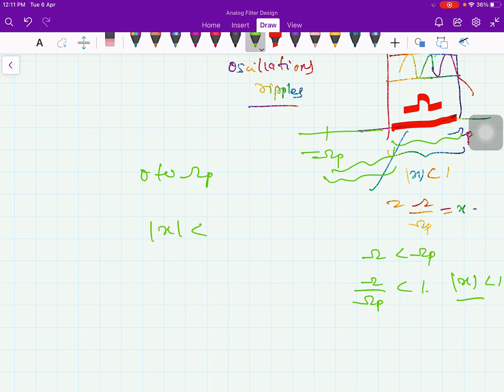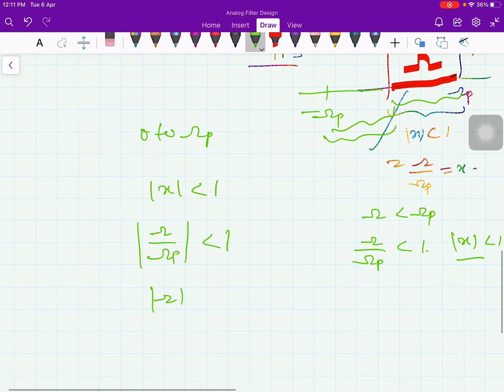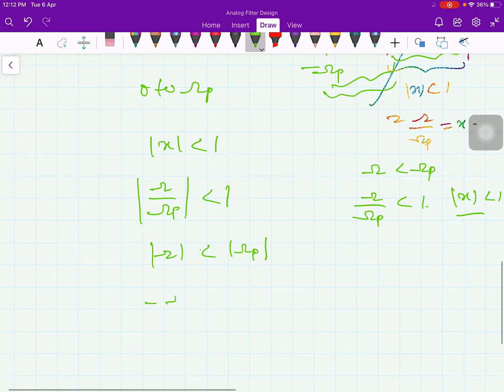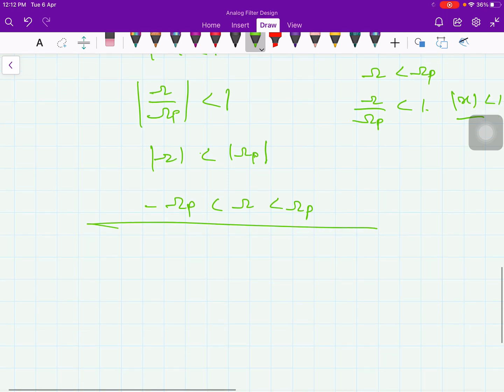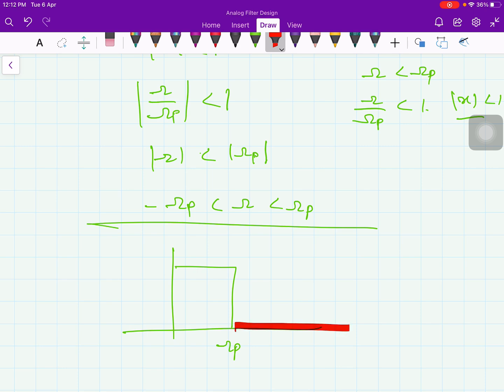So mod of x less than 1 means the magnitude of omega is less than the magnitude of omega p. And for mod x greater than 1, this is omega p, and this is a region where omega is greater than omega p.